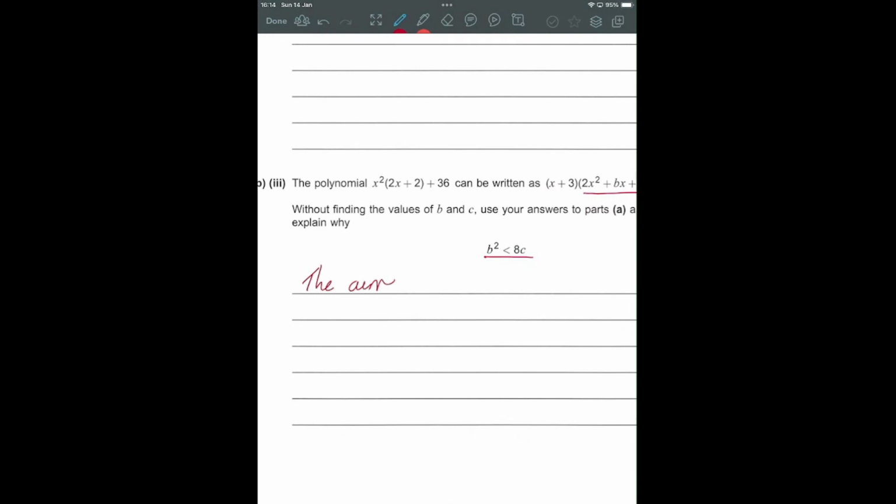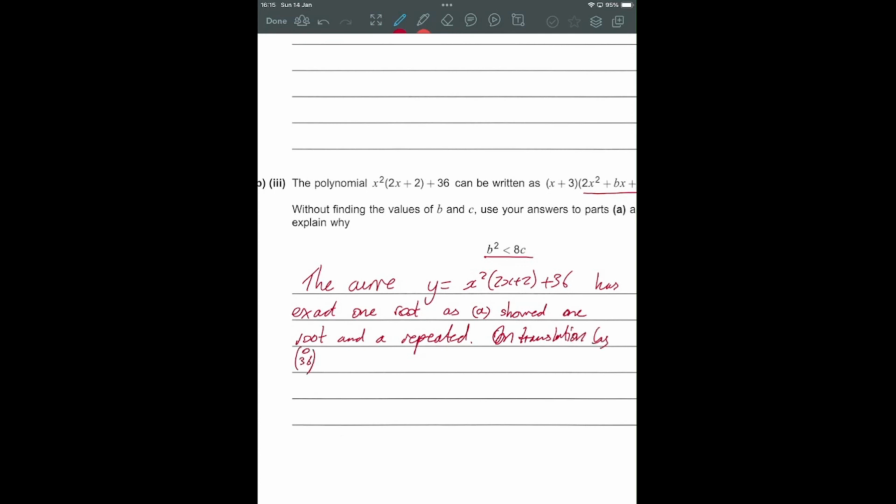So the curve y equals x squared, 2x plus 2 plus 36, has exactly one root, as part a showed: one root and a repeated root on translation by (0, 36).